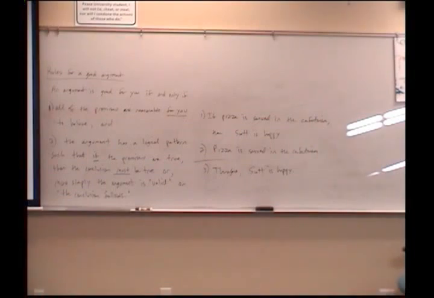So you look for patterns, right? And the way you look for patterns with an argument that's got words is you look for words repeated. So what do you see repeated in this thing?